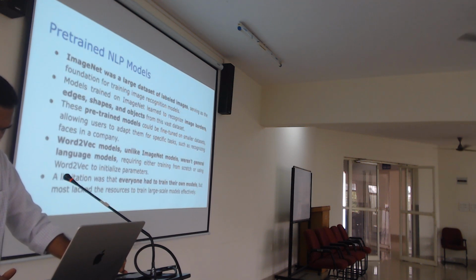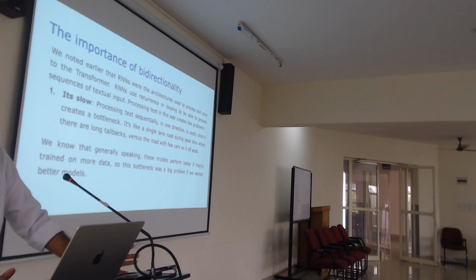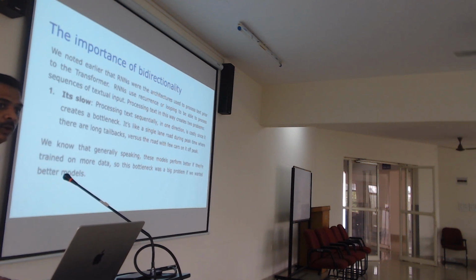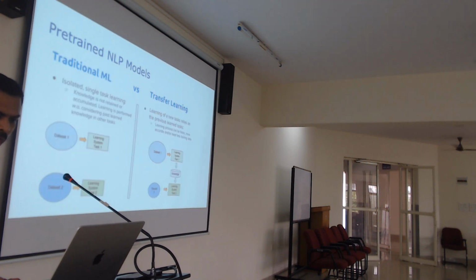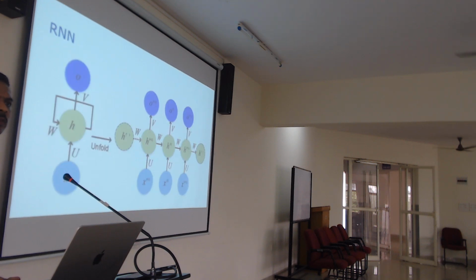So let me jump to the BERT model here. BERT basically takes care of the left and right model. The importance of bidirectionality is that RNNs are a bit slower, right? BERT models are a bit faster. If you talk about RNN, those who are aware of image or ML models know how RNN works.